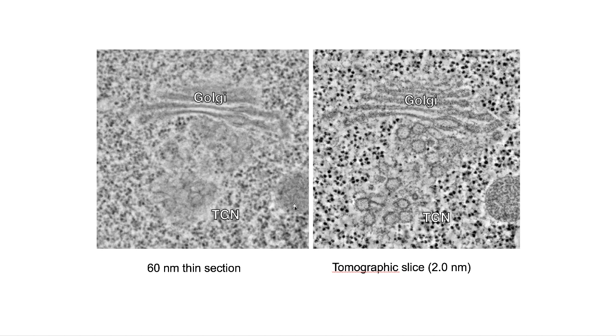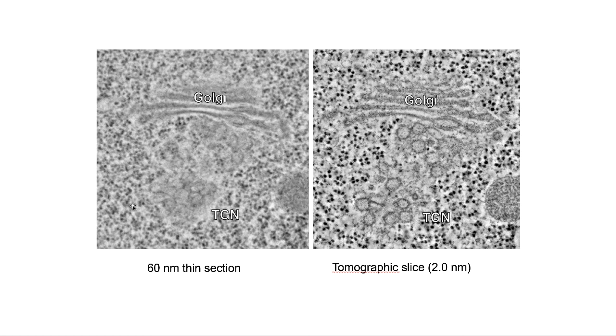If I show this, you can tell that the improvement is better. This is the same image as in the previous slide, where I showed the Golgi stack and trans-Golgi network in the plant cell cytosol, and all these ribosomes are surrounding the Golgi stack and the TGN. In the 2 nanometer tomography slice generated from this section, you can see individual ribosomes a lot better.